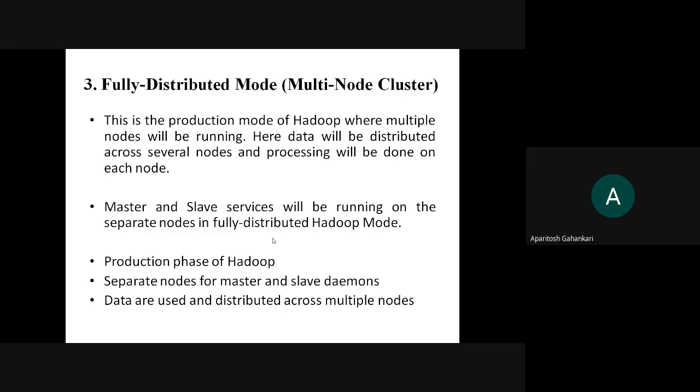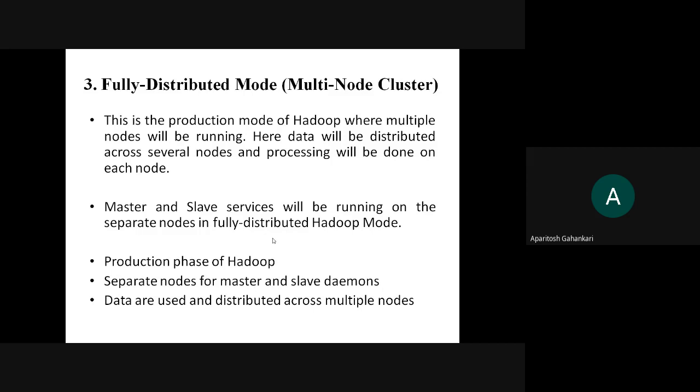Okay, so this is the production mode of Hadoop where multiple nodes will be running, and here data will be distributed across several nodes, and the processing will be done simultaneously. Okay, so master slave services will be running.